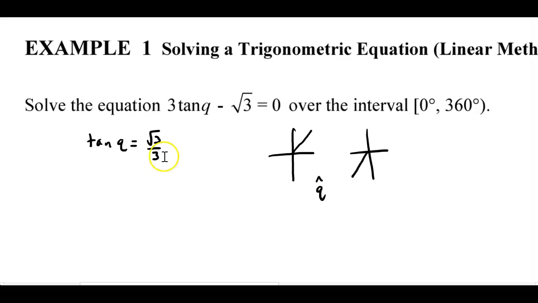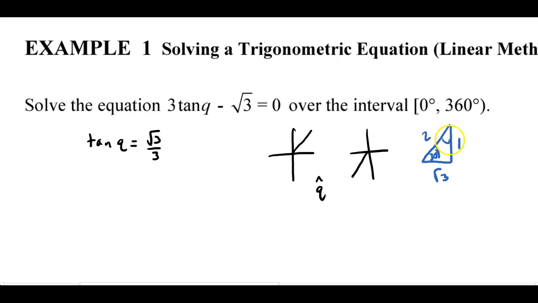We can do that by thinking about what common angle corresponds to root 3 over 3 for tangent. What I mean by that is, we know we have these special triangles. So let's say 1, root 3, 2.